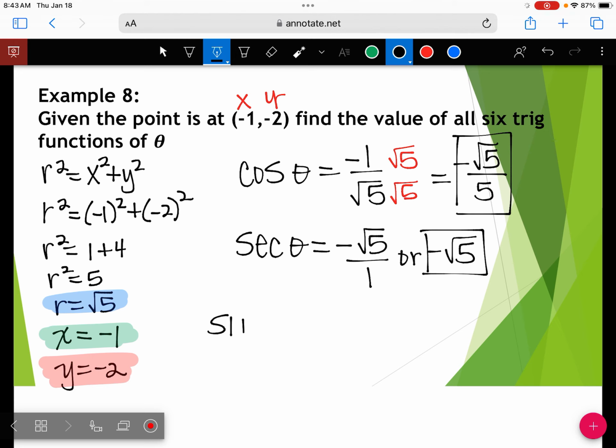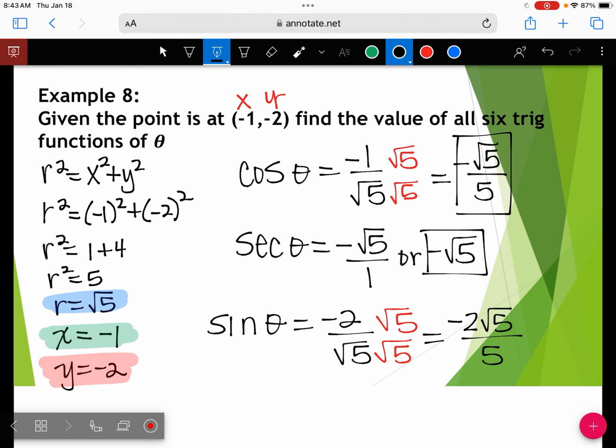For our sine of theta, which two sides do I use for sine? Y over r, yep. So it's -2 over root 5. We got to rationalize. And that would be my final answer.